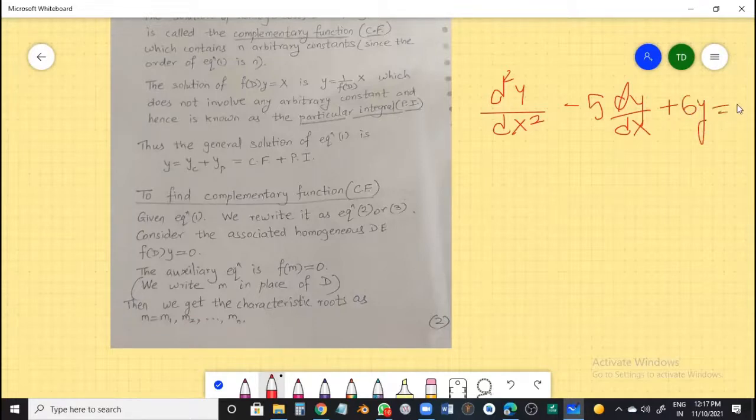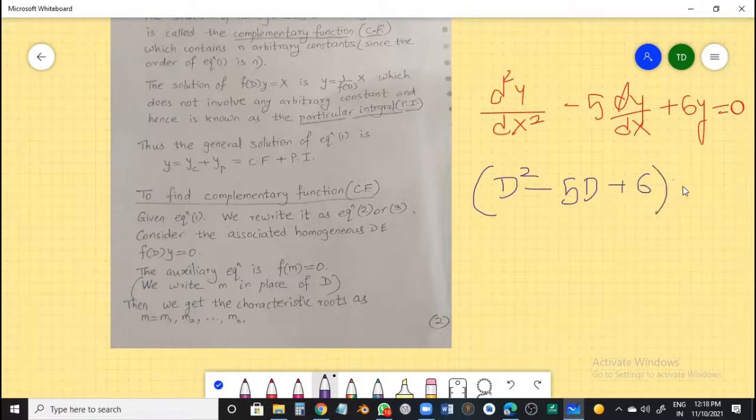How would you write this differential equation? I think you will write this as D square minus 5D. I think you are familiar with this. We have done it. And plus 6, operated on y is equal to 0. So whatever I have written here in this bracket is nothing but your f of D.